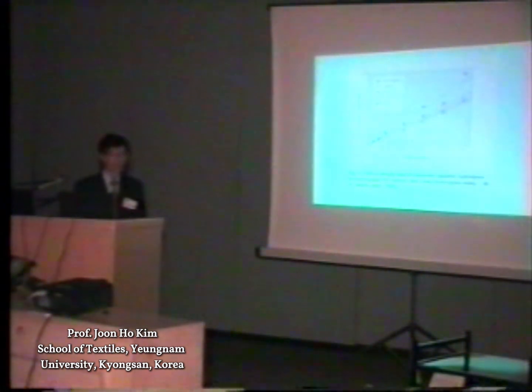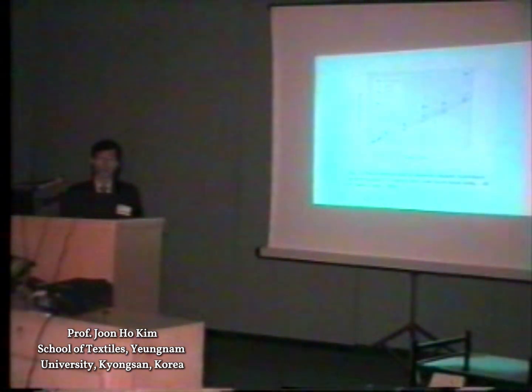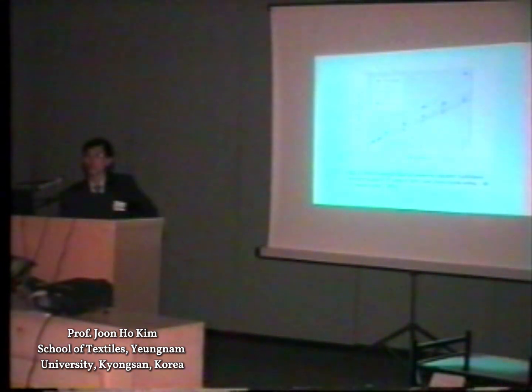This figure shows the plot of weight loss in aqueous alkaline hydrolysis of heat-treated PTT fabrics with time. The hydrolysis condition was the same as in figure 1, but we changed the heat treatment condition.